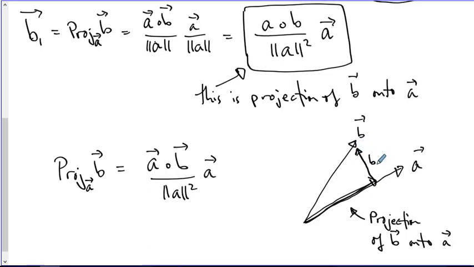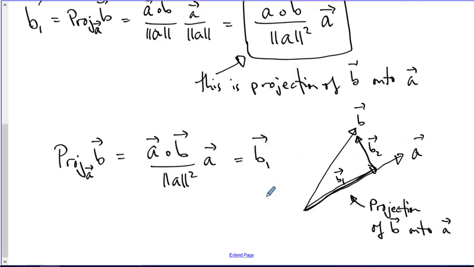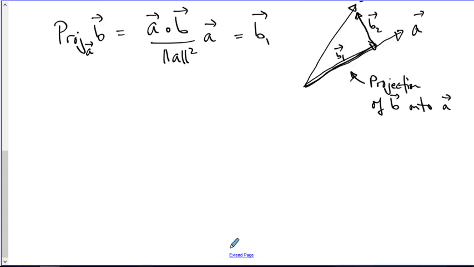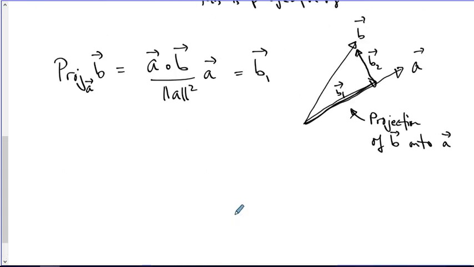You could call this B2. So B1 we found with this formula. You might think, oh no, we've got to do a formula now for B2, and usually we don't need to. We don't really need to ever, because if we could find B1, then we could just take B, subtract B1, and what's left is always B2.